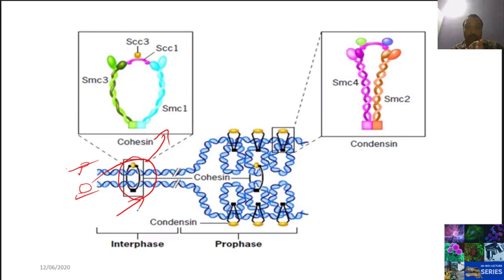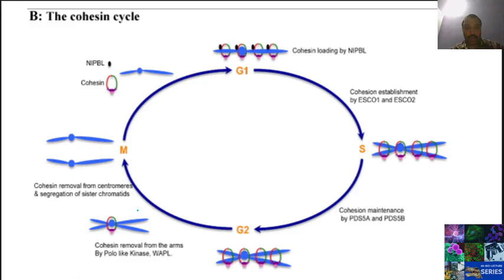Cohesin holds the newly replicated and parental DNA together. So they hold the sister chromatids together. The cohesin protein is located throughout the length of the chromatid, and they are connected with each other.